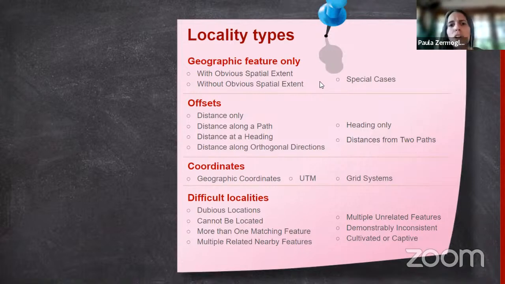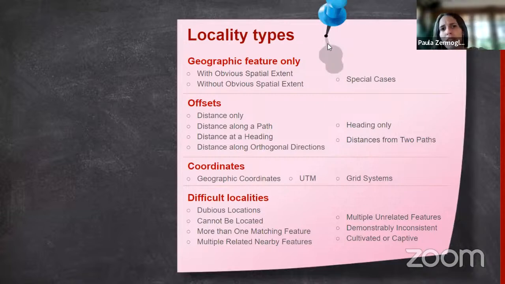Mountains tend to fall in here unless we find some geographic gazetteer or other kind of source that tells us the limit is this line that can be, for example, an elevation line. If we find that source, we can say the spatial extent is obvious because it's well defined, and this is the source of that information. But in general terms, they don't have obvious spatial extents.